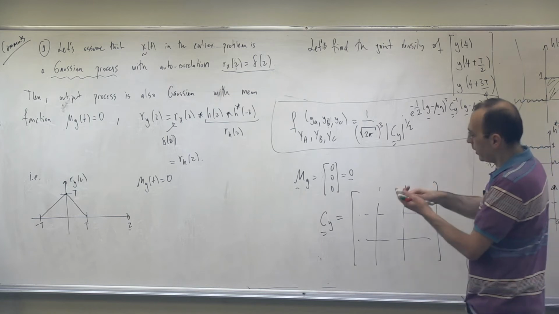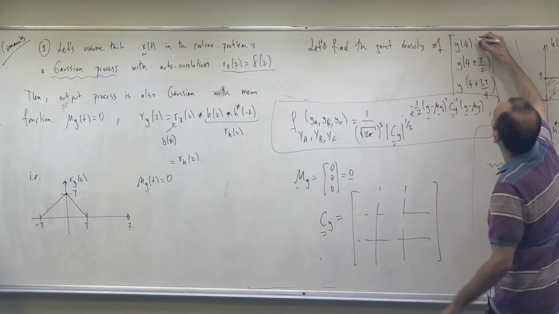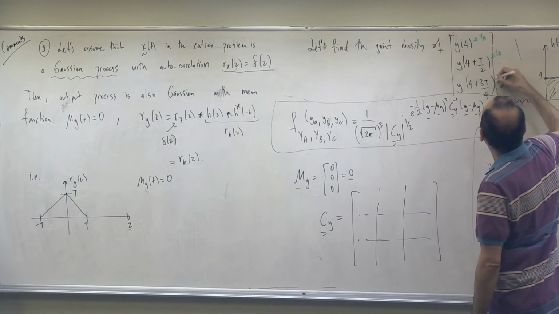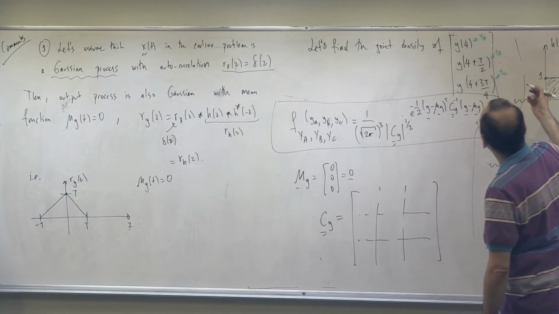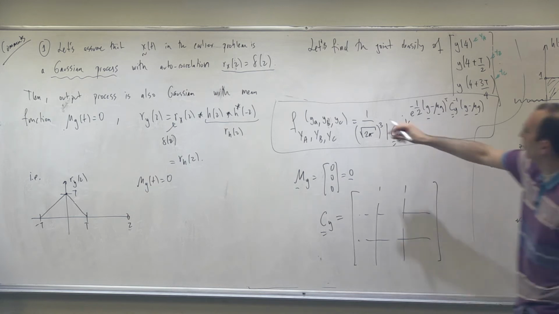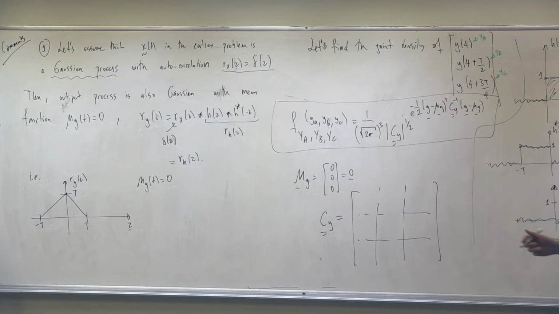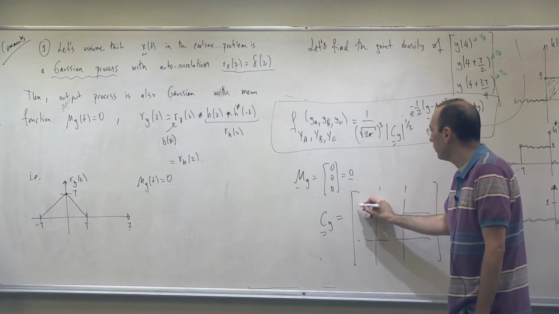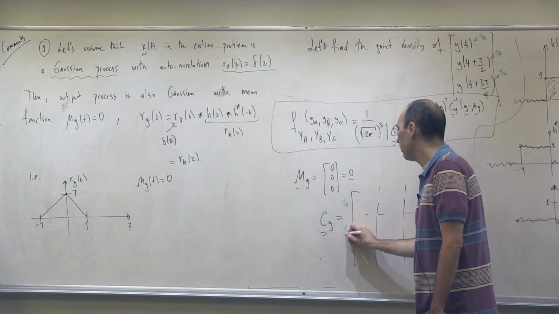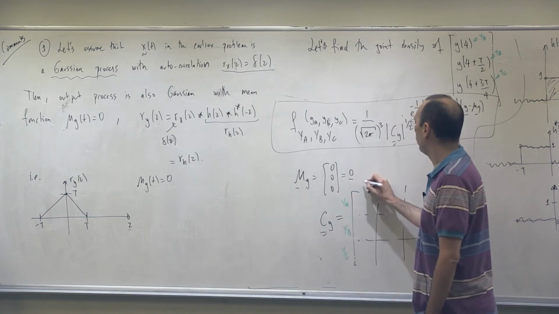So which one is Ya? Just for the sake of easy writing, I will call this Ya, I will call this Yb, Yc, okay? Because I cannot write that strange number as an index like that. So over here, what do I have? This element is, again, Ya. Pairwise, I have said, covariances.